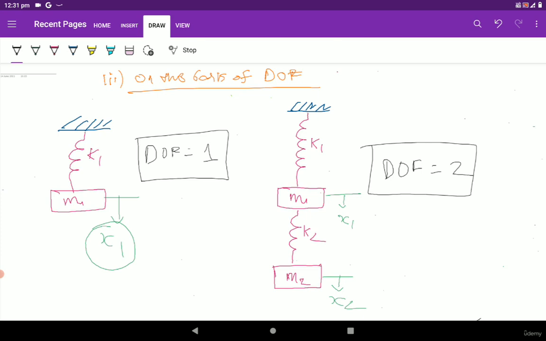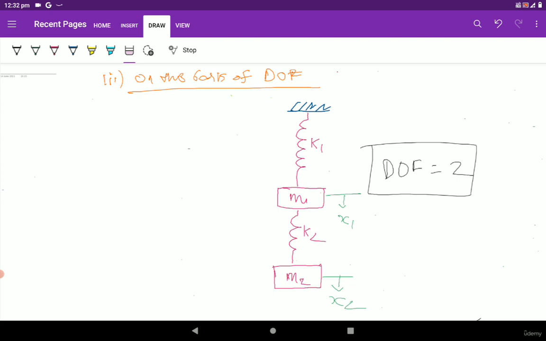Now moving to some more examples. Let me erase this. For this system, just consider one more system here.